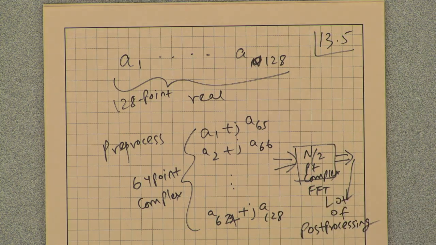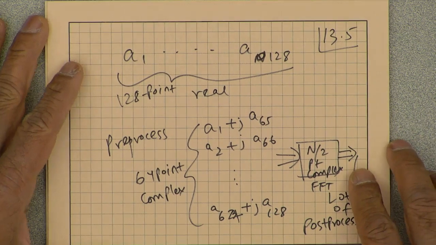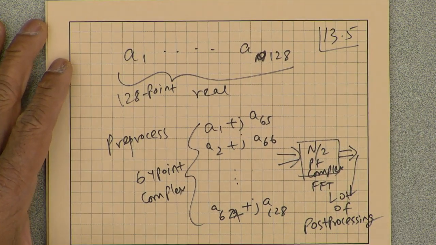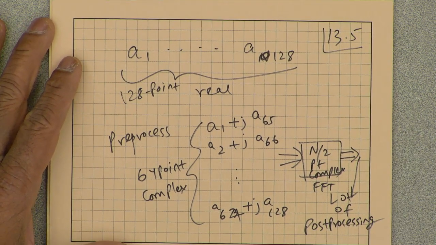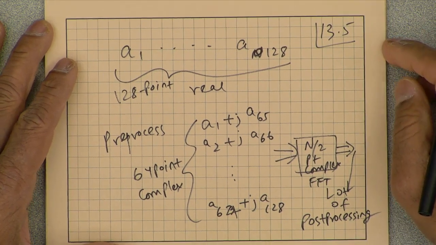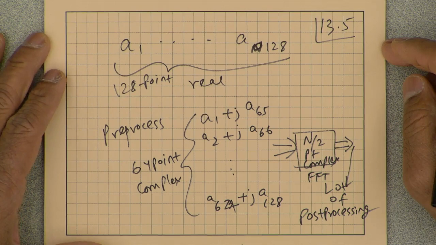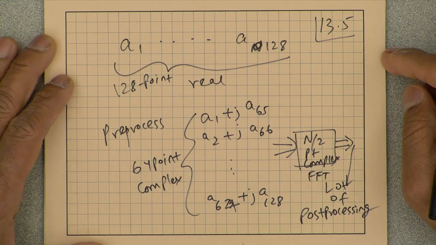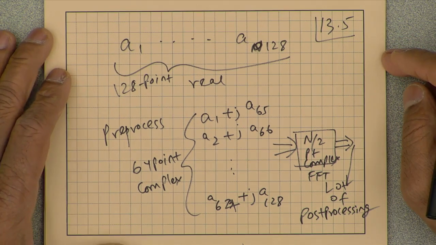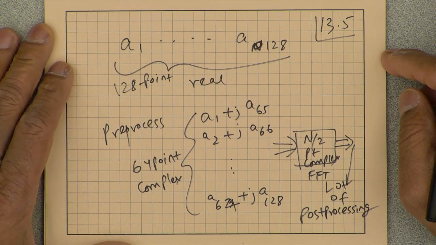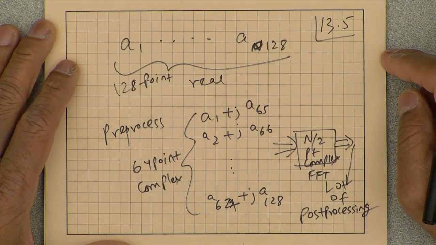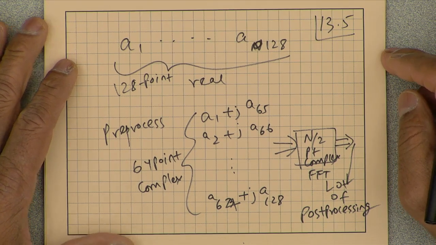So I began talking about real FFT, and I talked about the fact that in previous modems, such as ADSL modems, the companies used to implement real IFFT and FFT.